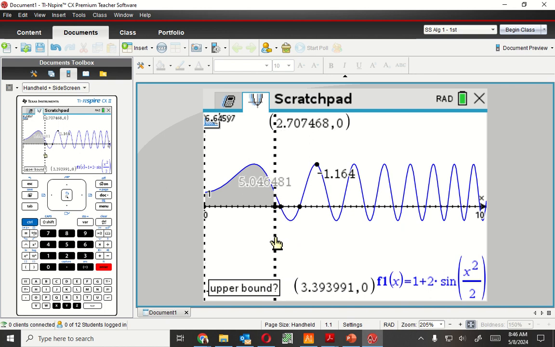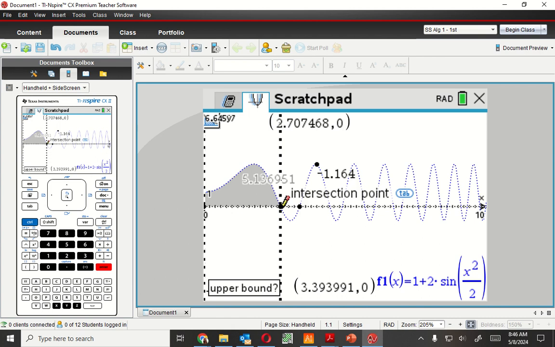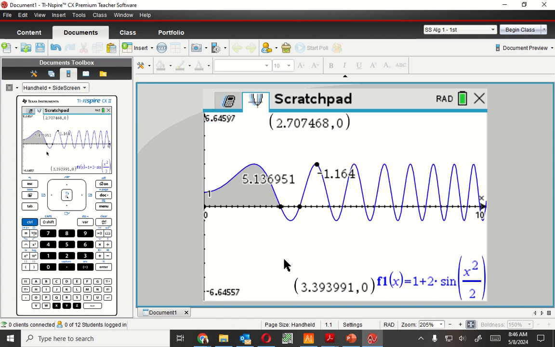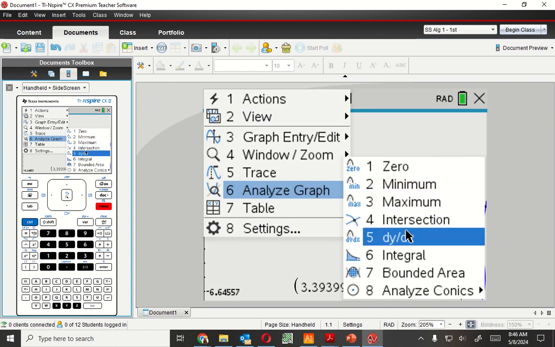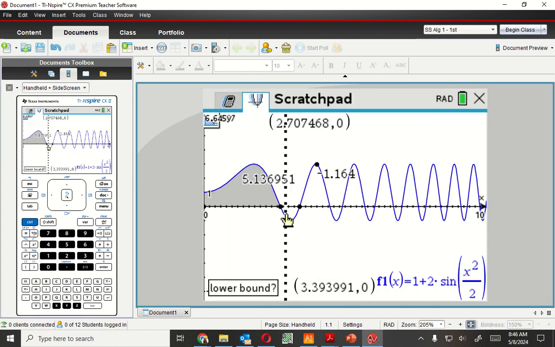How do I tell my calculator, or how do I say in math I want it always to be positive? Very good. Absolute value. So for this one, I would go to here, and I'd have this value. I would do it again from menu, analyze graph, integral from that point to 3.